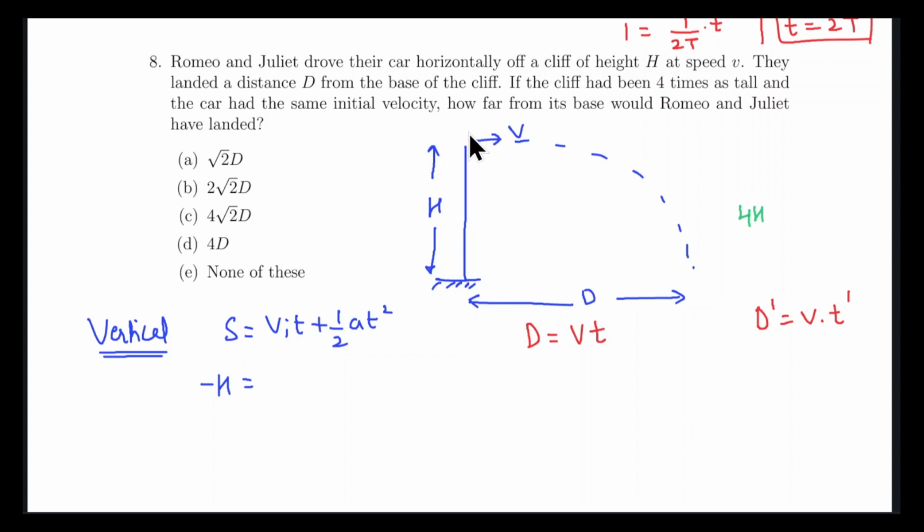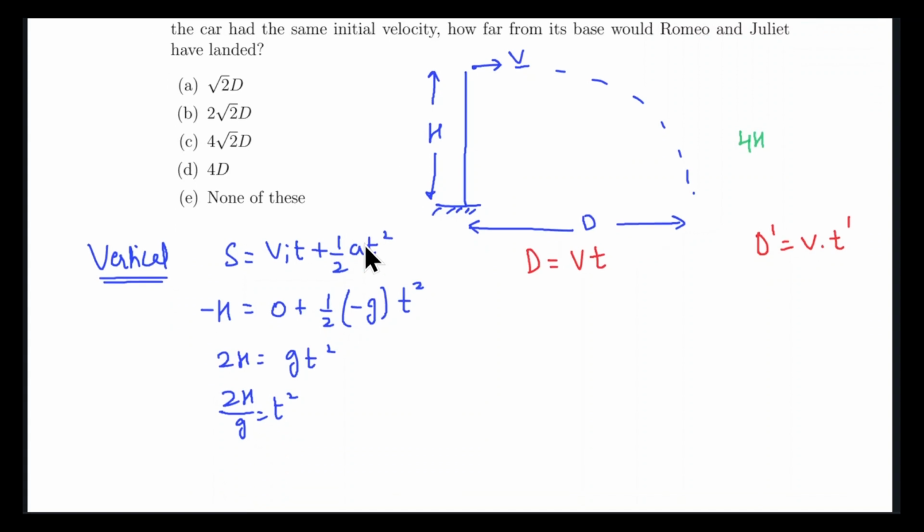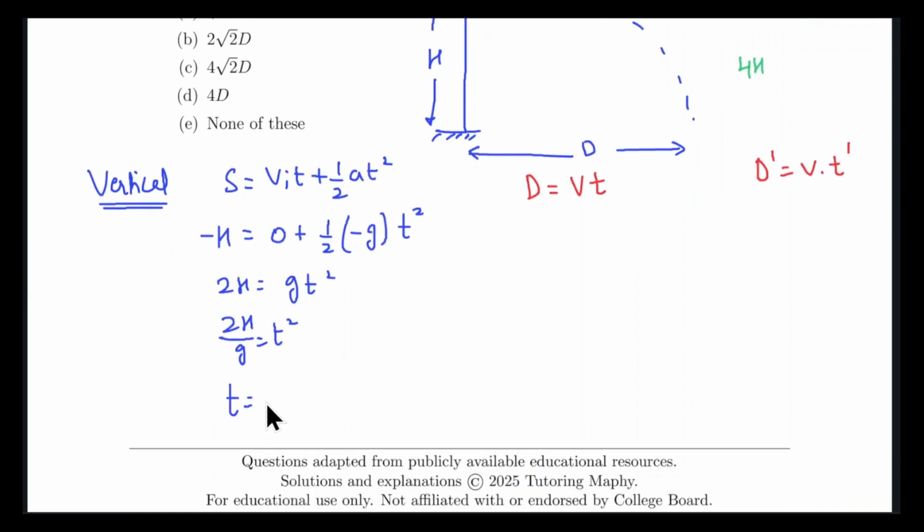Initial vertical velocity is 0 because it is thrown horizontally. Acceleration is, of course, gravity, negative g, and time of flight is t square. So negative and negative is gone. Multiplying 2 on both sides and dividing by g on both sides, 2h over g is t square. So I have the time of flight as square root of 2h over g.